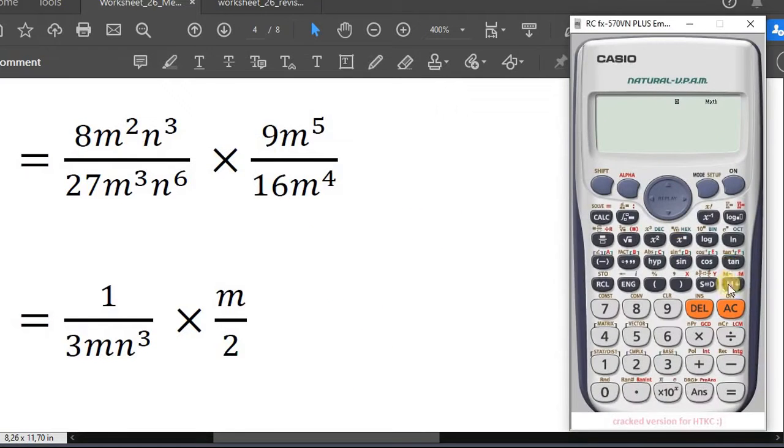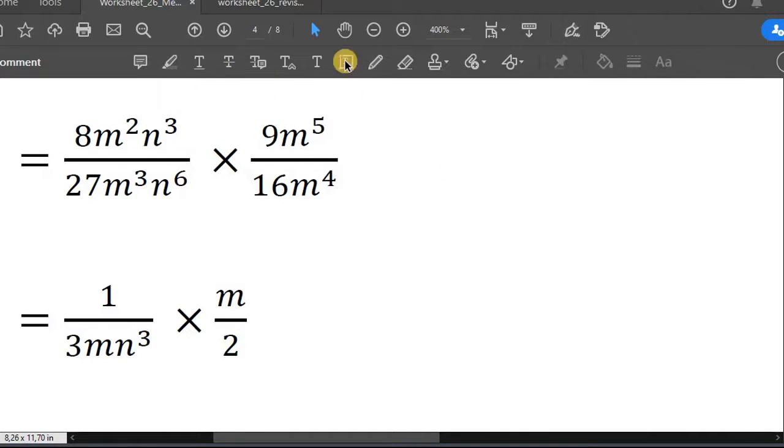8 times 9, we got there, 72. So we're gonna have 72. Then we've got m squared times m to the power of 5. That's m to the power of 5 plus 2, 7.